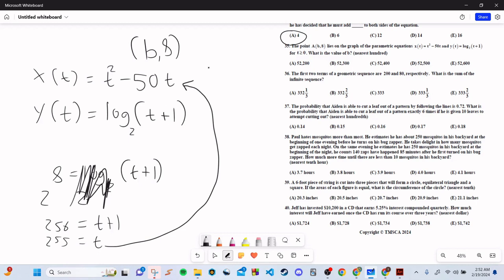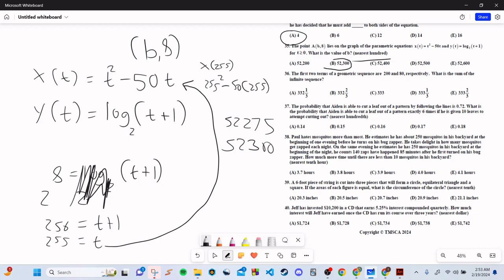So we're going to do x of 255, which is going to be 255 squared minus 50 times 255. And so typing that into our equation, we're going to get 52,275. And to the nearest hundred, it's going to be 52,300.